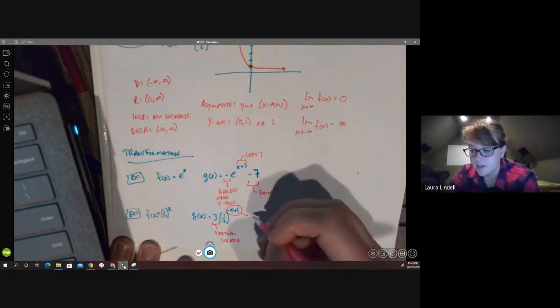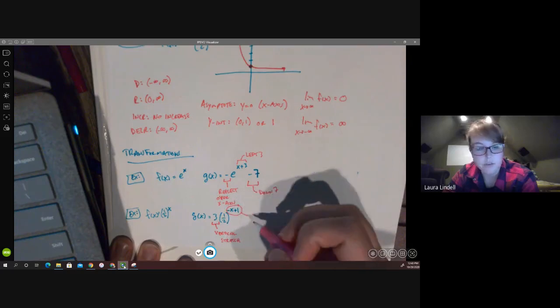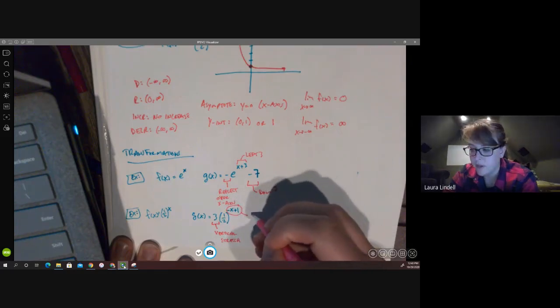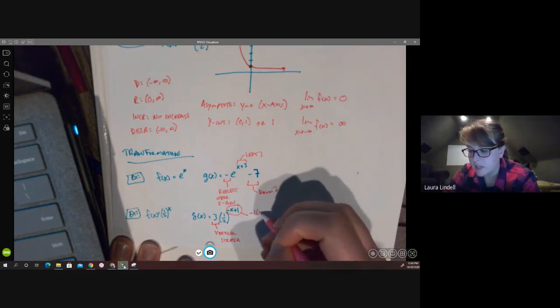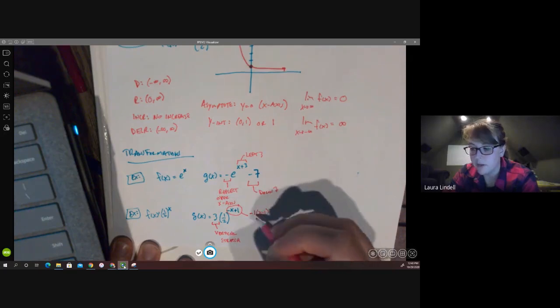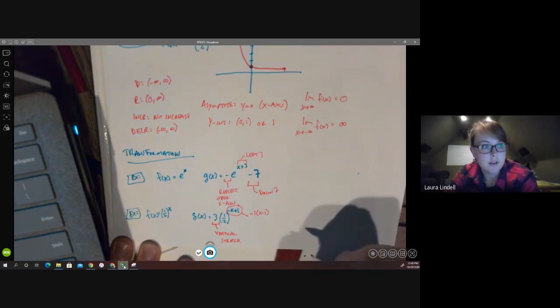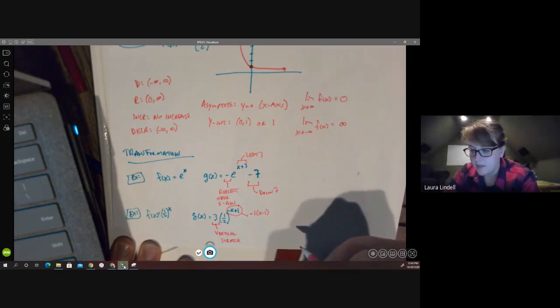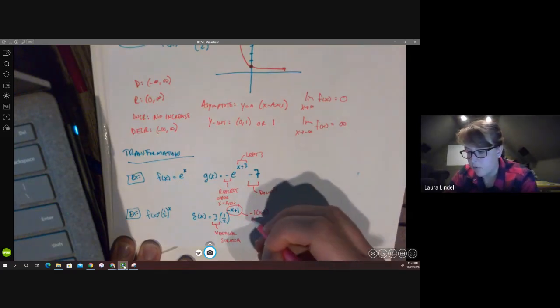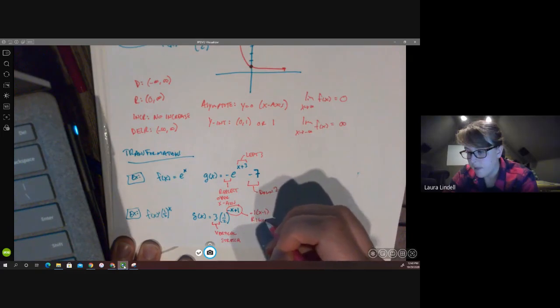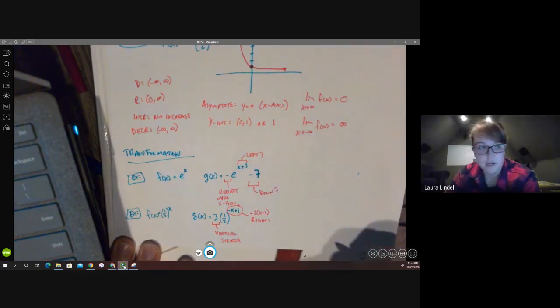So to undistribute this, there's a -1 in front of the x, an implied -1. So I'd go -1 times x minus 1. That's undistributing the -1. Because then I can use that to notice, okay, we are going right 1 because of the x minus 1 here.